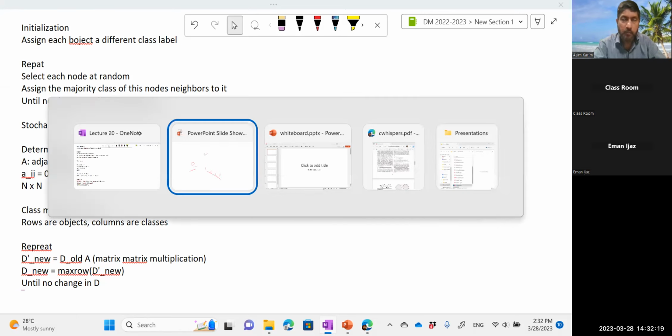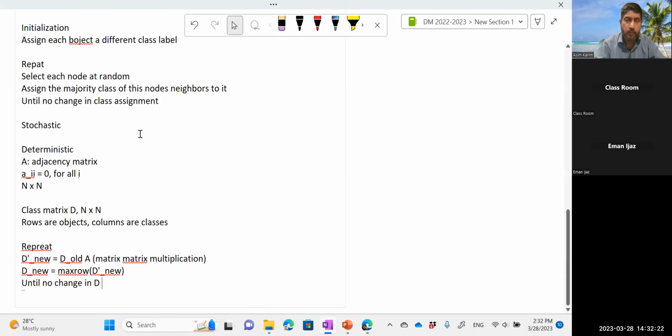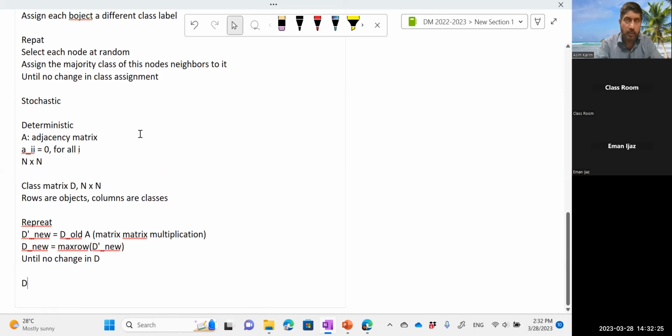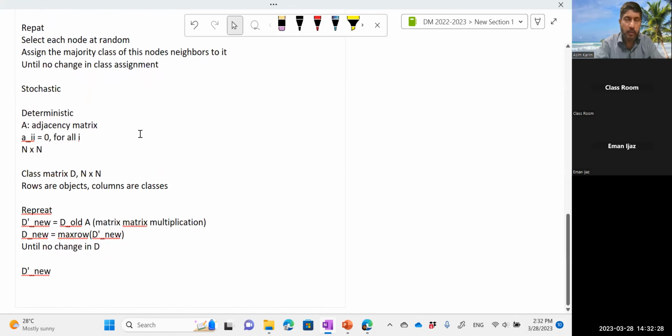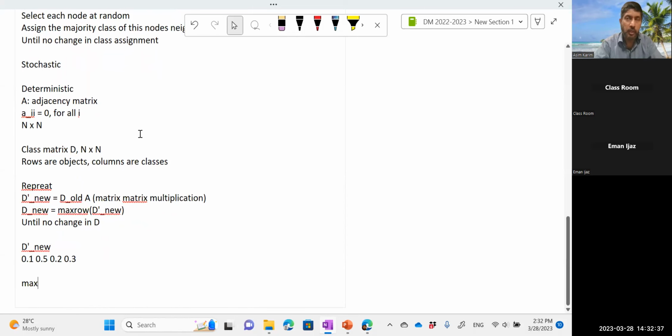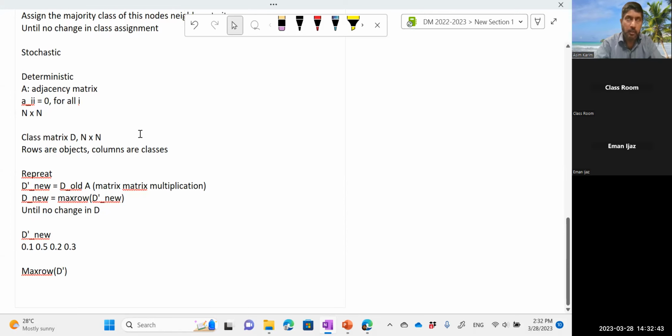So for example, आपके पास D prime new, let's say आपके पास कुछ इस तरह की वैल्यूज आ गई हैं, 0.1, 0.5, 0.2 और 0.3. आप इसका जो मैक्स रो लेंगे तो you will basically get, जो मैक्सिमम वैल्यू थी इस रो में, which is 0.5, वो 1 हो जाएगी, बाकी सारी जीरो हो जाएंगी. तो 0, 1, 0 और 0. तो ये आपके पास बन जाएगा.